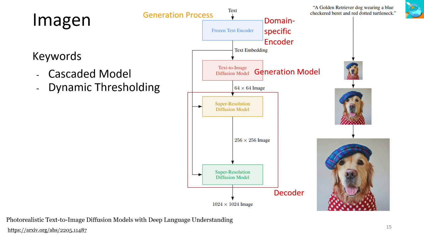But this time, instead of the latent model, it's using a cascaded model, which we will talk about in the following slides. And then it also has the keyword called dynamic thresholding to improve the generated images.